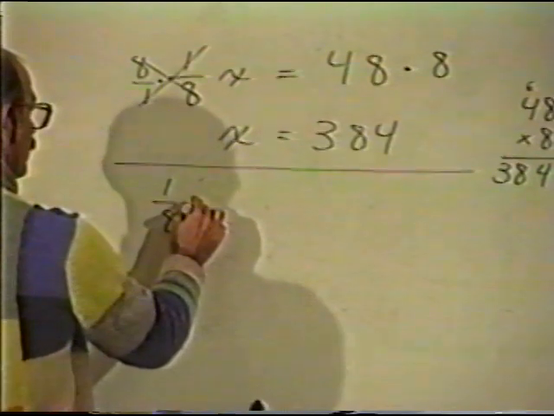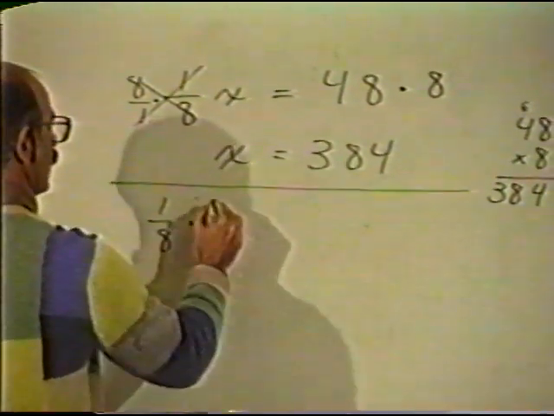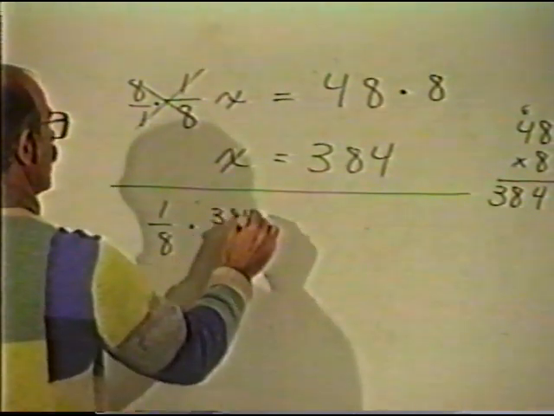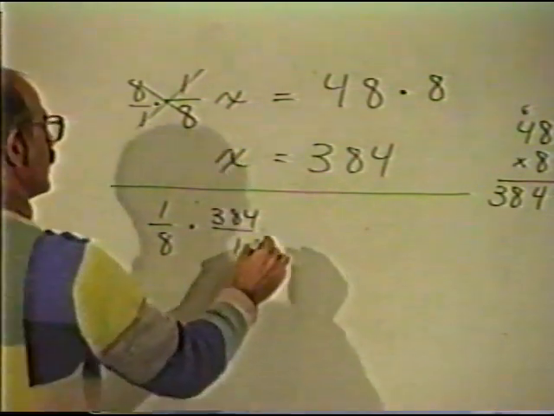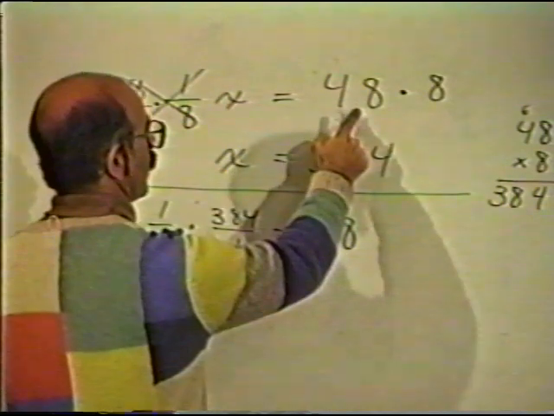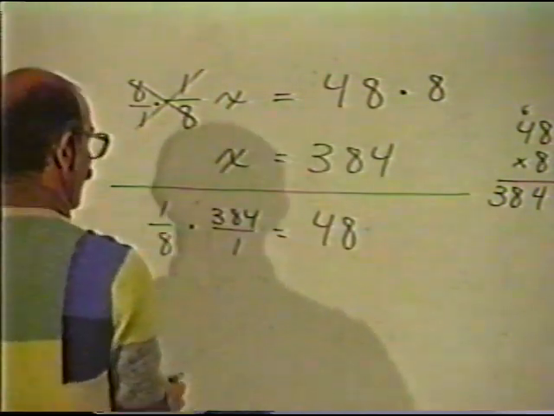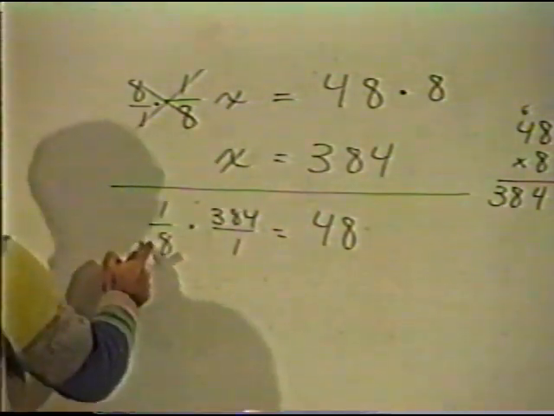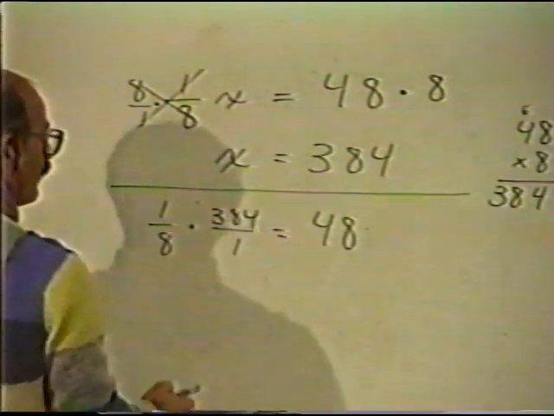1/8 times x, which we now know is 384, is supposed to equal our original number from the equation, 48. Well, let's see if we can cancel 8 and 384.